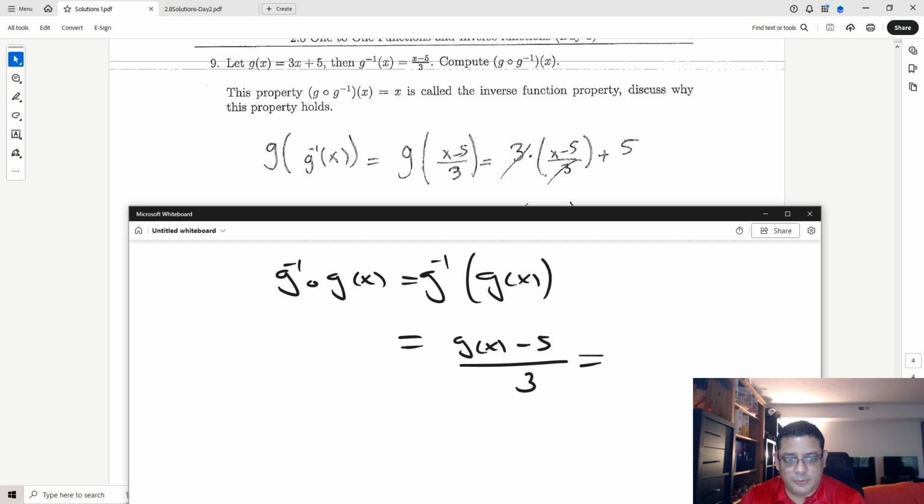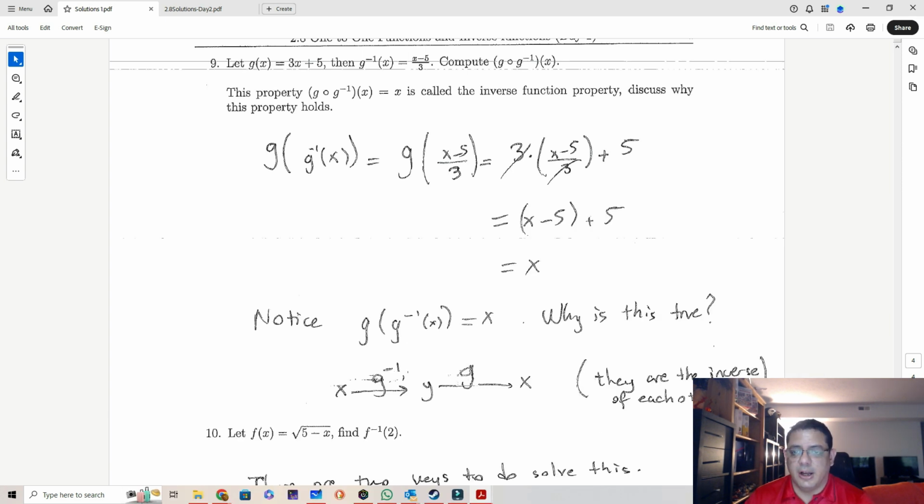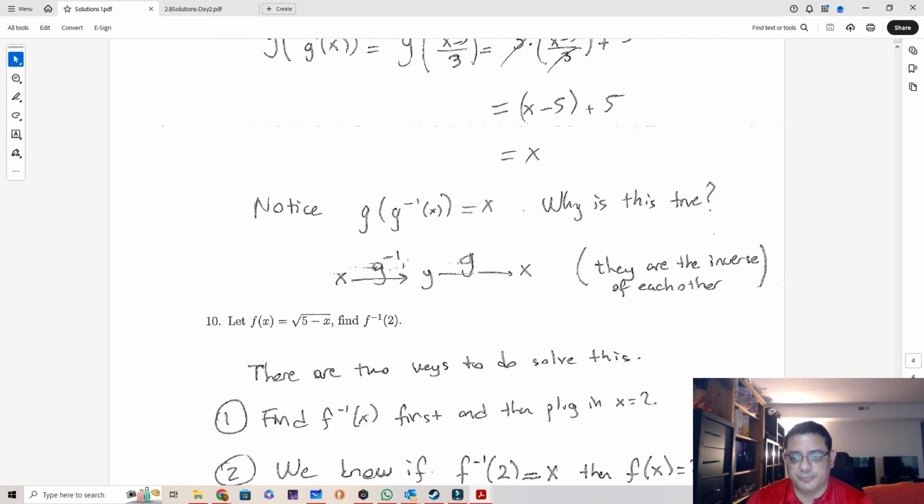And then this will be (3x plus 5 minus 5) over 3, and the 5s cancel out. We have 3x over 3, and then that's going to lead me to x. So a function composed with its inverse is always going to lead me to x. That makes it a good way of proving that something is an inverse.